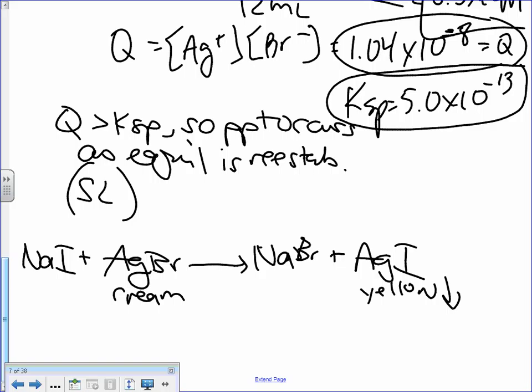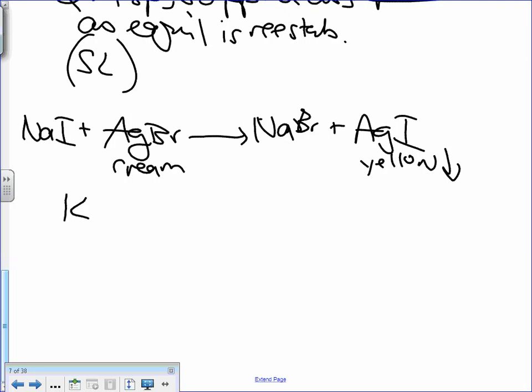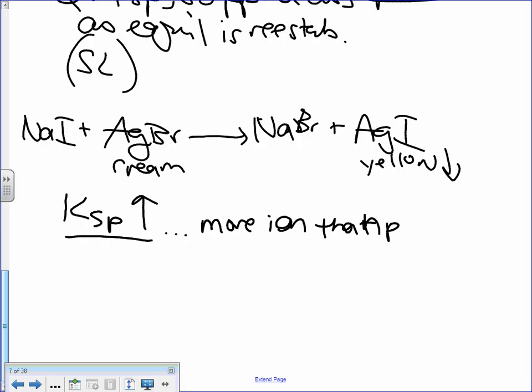So think back. If you have a greater KSP value, what does that mean about you? If this is great, then you form more ions than precipitate. That means you're more soluble, right? So if you're more soluble than the other one, what does it mean the other one's doing?